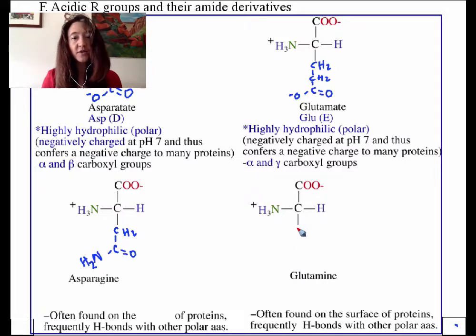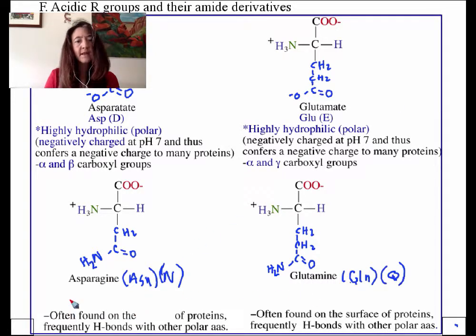And let's go ahead and write in glutamine while we're at it, and because we recognize that, like glutamate and its relationship to aspartate, there's simply two CH2s prior to the amide group. Glutamine, asparagine. And both glutamine and asparagine are, of course, going to be water loving.